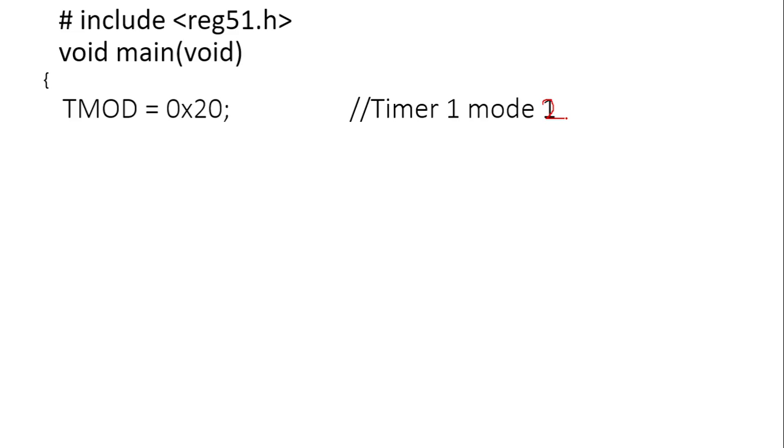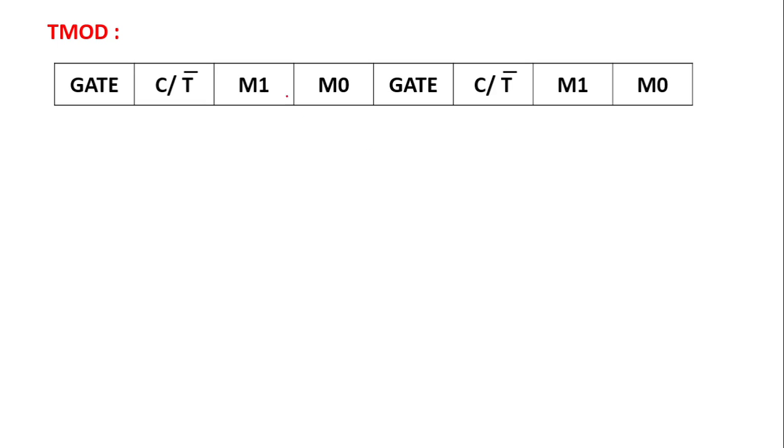For that purpose, you should have knowledge of TMOD. So what is TMOD? The format of TMOD looks like this. The first 4 bits, gate, C/T bar, M1, M0, are meant for timer 1, and the remaining 4 bits, again gate, C/T bar, M1 and M0, are for timer 0.